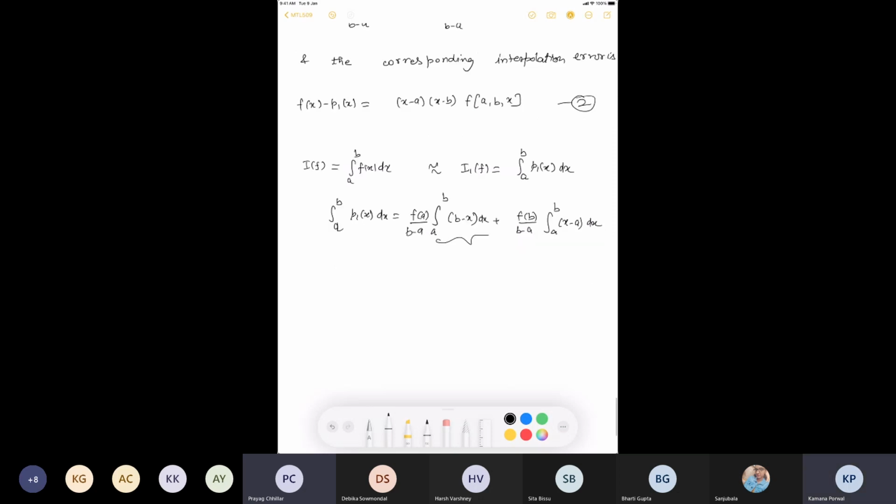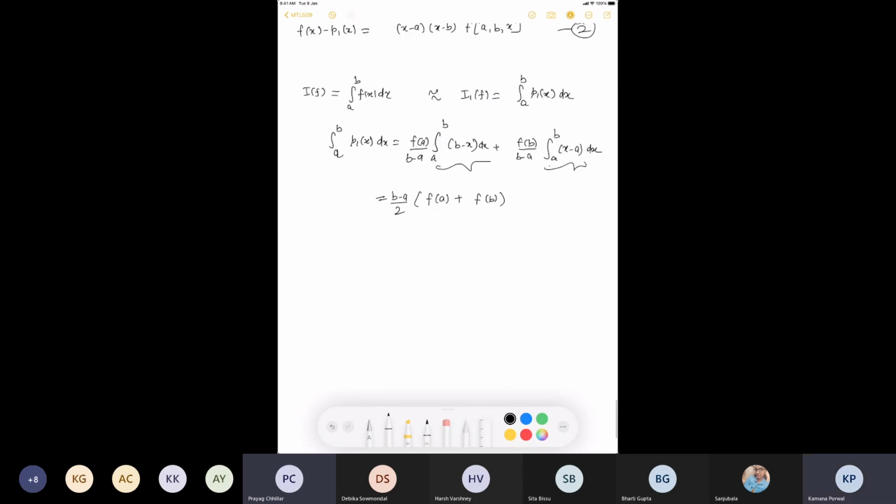Now you can simply simplify this. Upon simplifying both the terms, each gives (b minus a) squared by 2. So we will have the rule as (f(a) plus f(b)) times (b minus a) divided by 2.